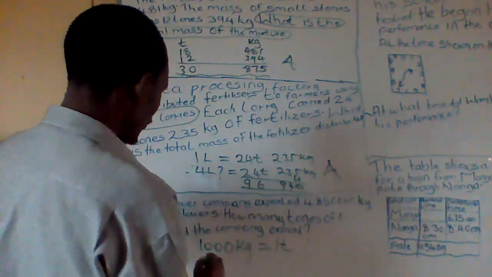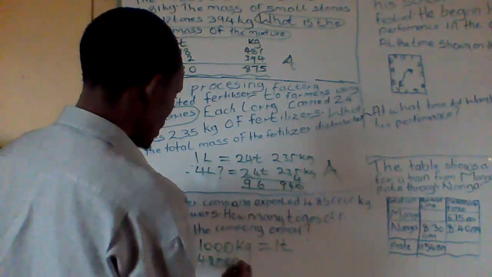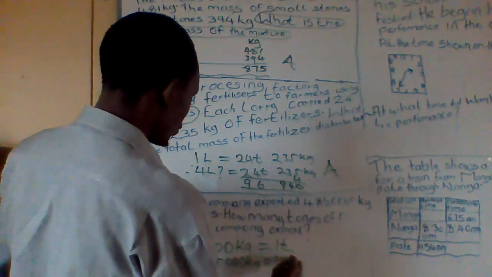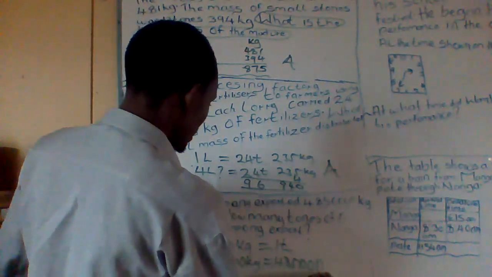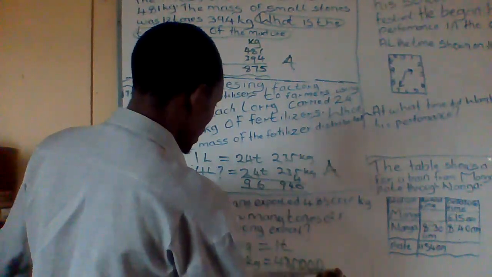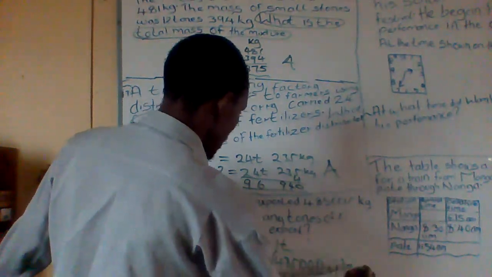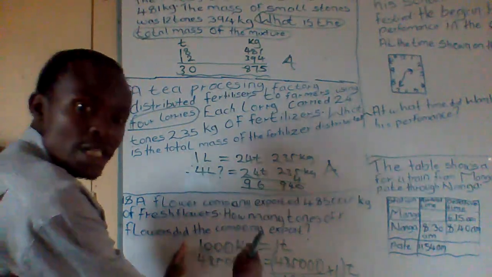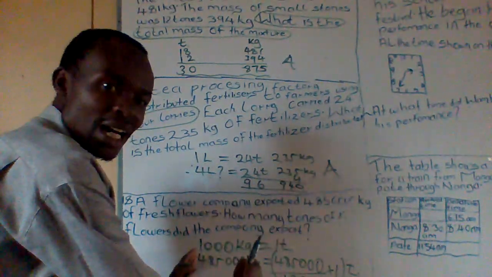What if it is 485,000 kilograms? So what you do, you will cross multiply. So we write this, and then out of 1,000, and then multiply by 1. What we are getting will be in tons. Now, you see this that appears on the same side, you divide.